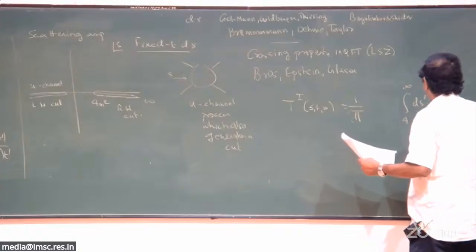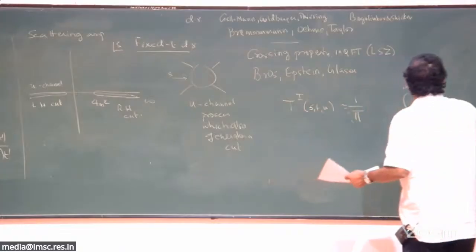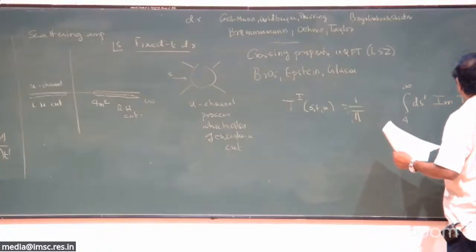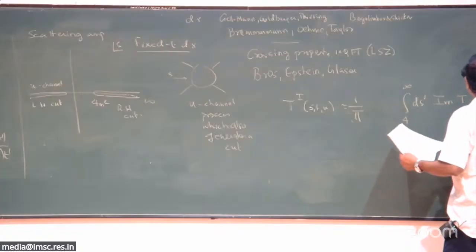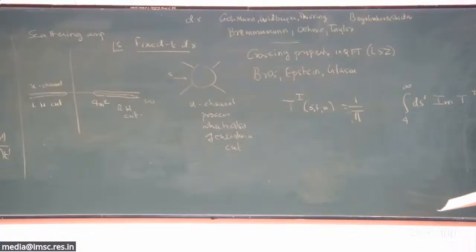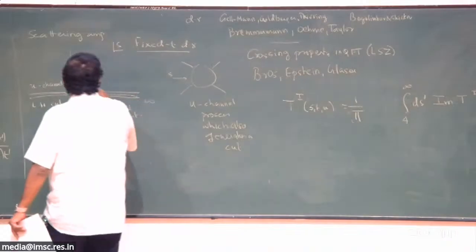Imaginary part of this bunch of amplitudes, which I will now denote with a T, but I'll put an I prime over here and an s prime comma t, because I'll be integrating over this variable s prime, because s prime is now the variable over here.